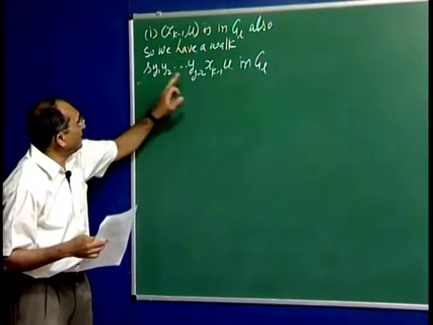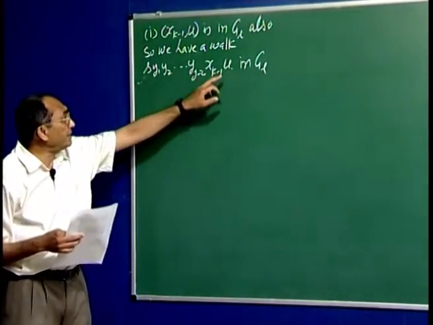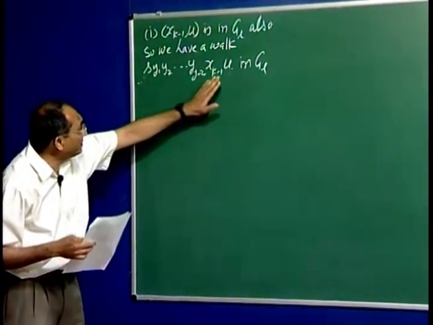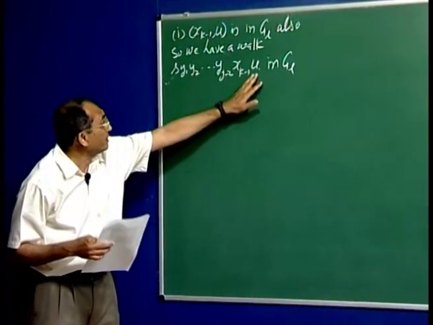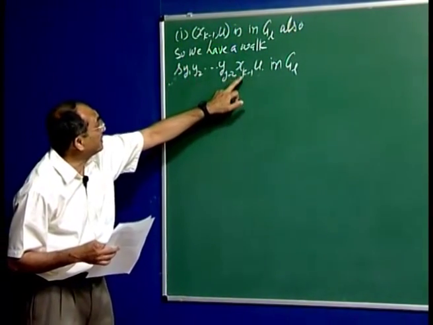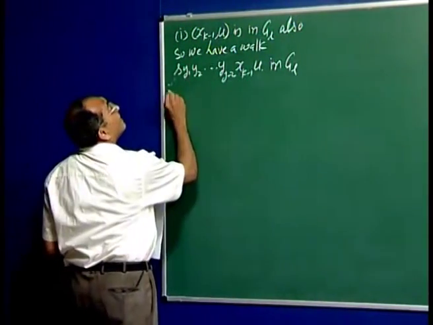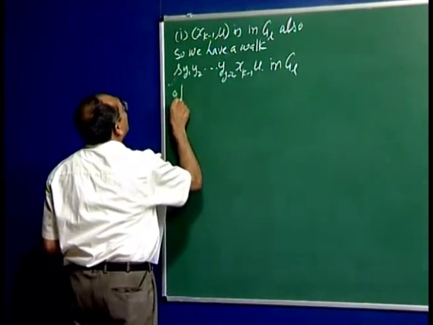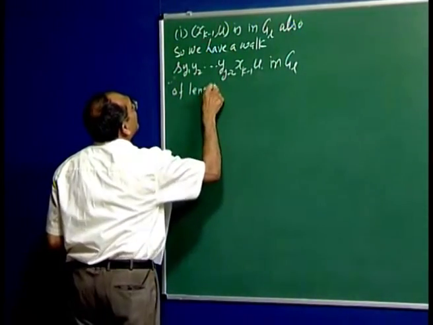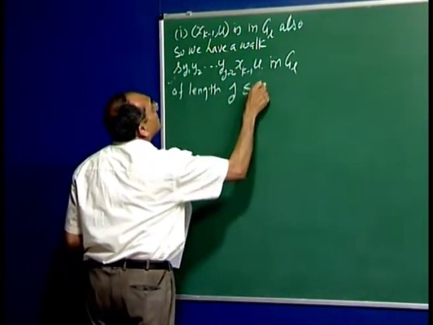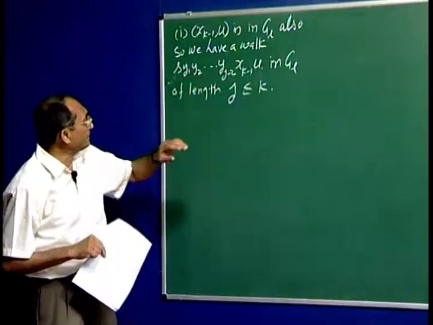This is a walk from S to U, and the length of this walk is j, which is less than equal to k, as we have seen earlier.